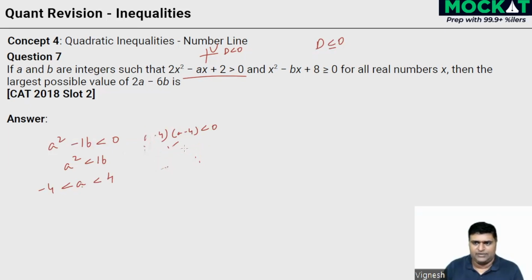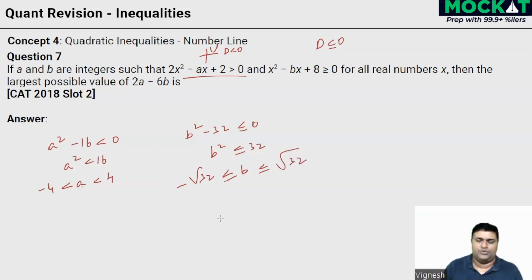And yeah, so let's look at the next discriminant and the conditions over there. x square minus bx plus 8, discriminant is less than or equal to 0. b square, minus b whole square is b square, minus 4 into 8 into 1, minus 32 is less than or equal to 0. b square is less than or equal to 32, and as we did over there, minus root 32 is less than or equal to b is less than or equal to root 32, right?